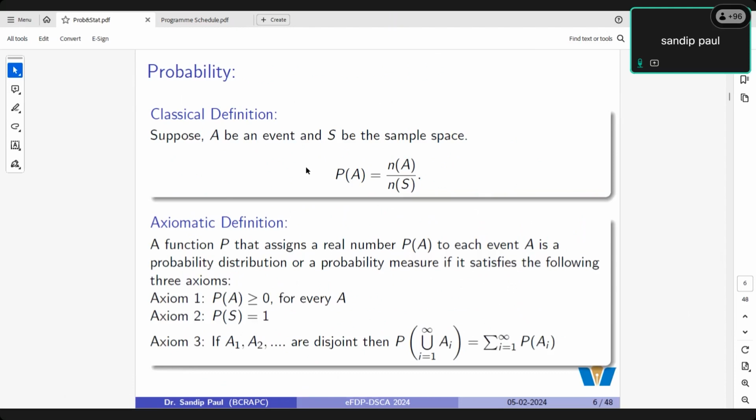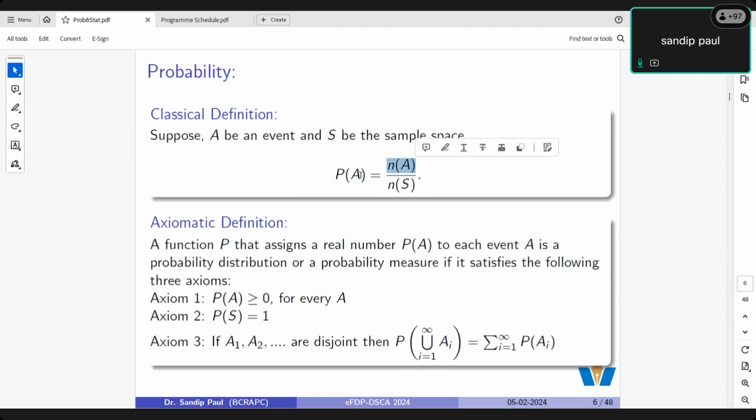Here the concept of the classical definition comes into the picture. First, we'll try to know how many possible outcomes are there in the sample space. If we toss a single coin, the possible outcomes are H and T, and that means there are two possible outcomes. And as we are finding the probability of a head, it is 1.